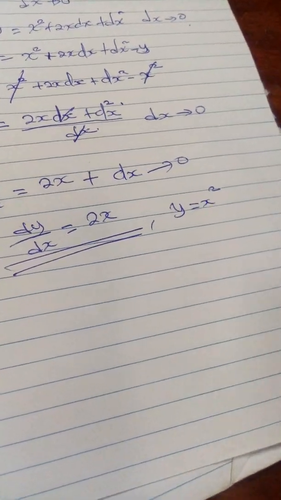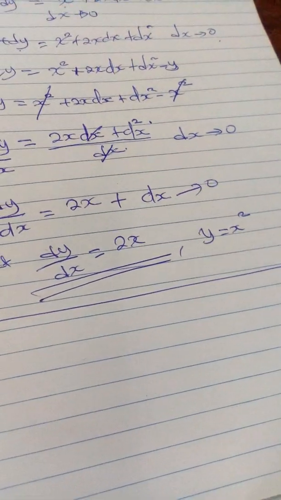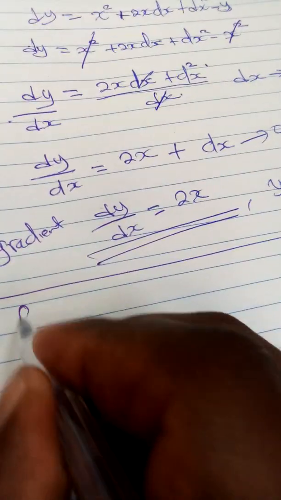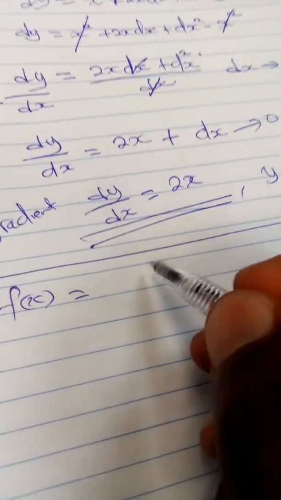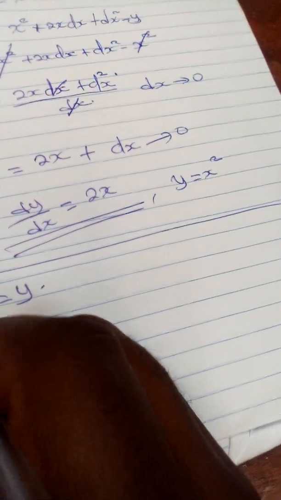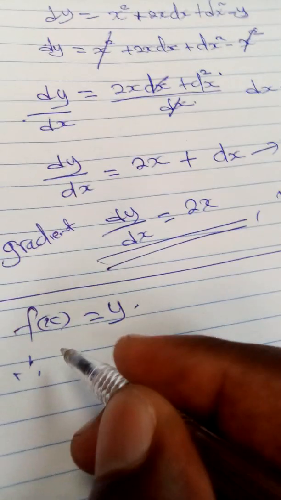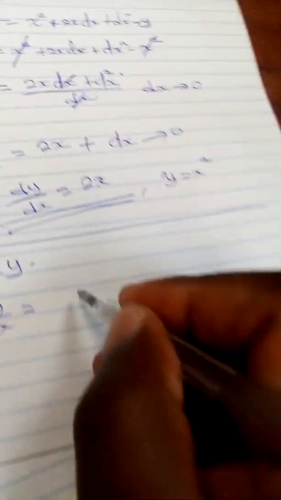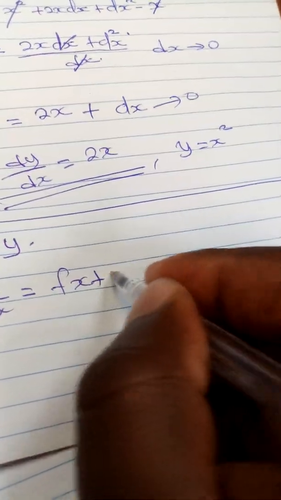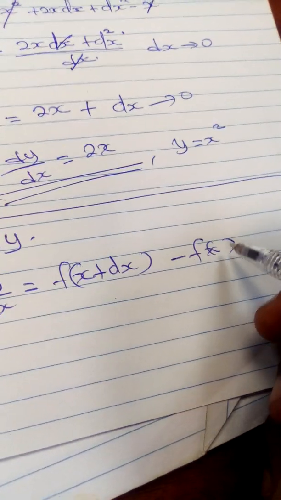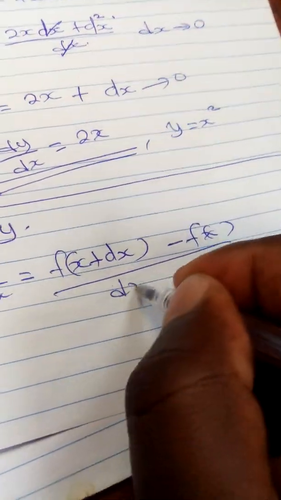So in general, this derivative by the first principle can be summarized in a formula, that given that f of x is given, y is equal to f of x, therefore the derivative dy over dx shall be equal to f of x plus dx minus f of x over dx.